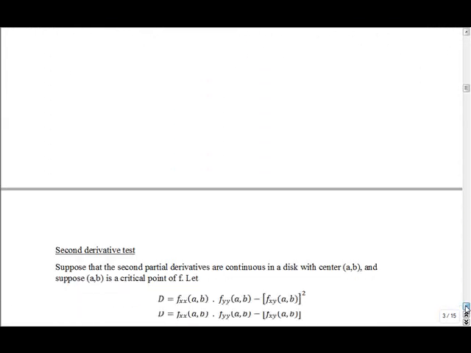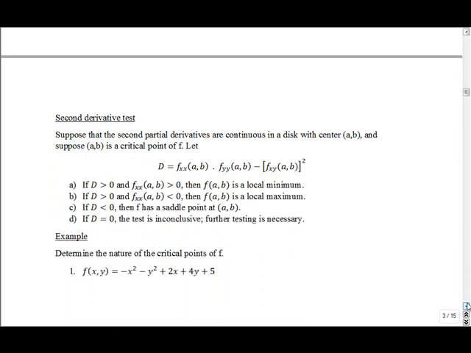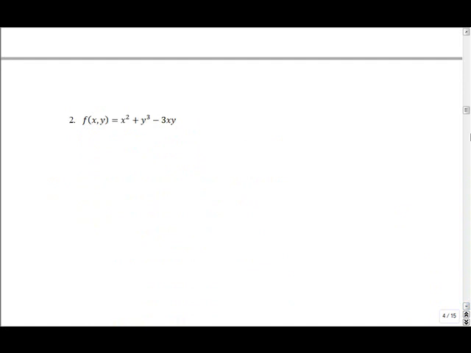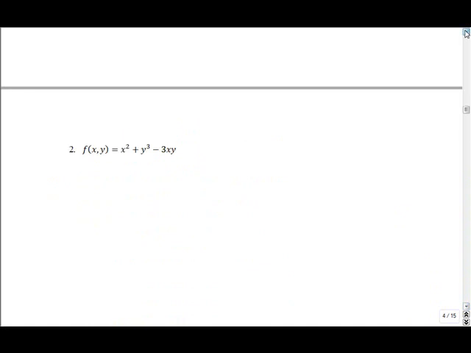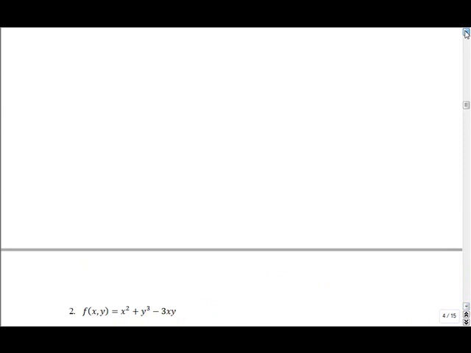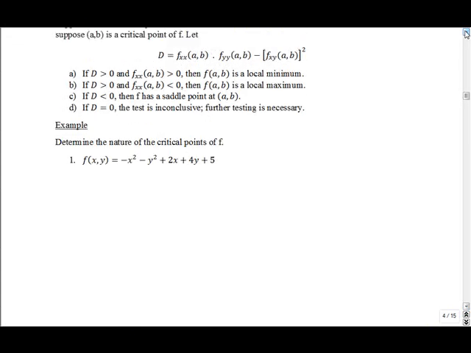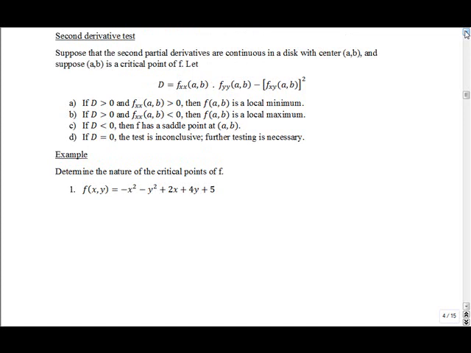So let me teach you the second derivative test. This is the test that you are going to use to classify the critical points.